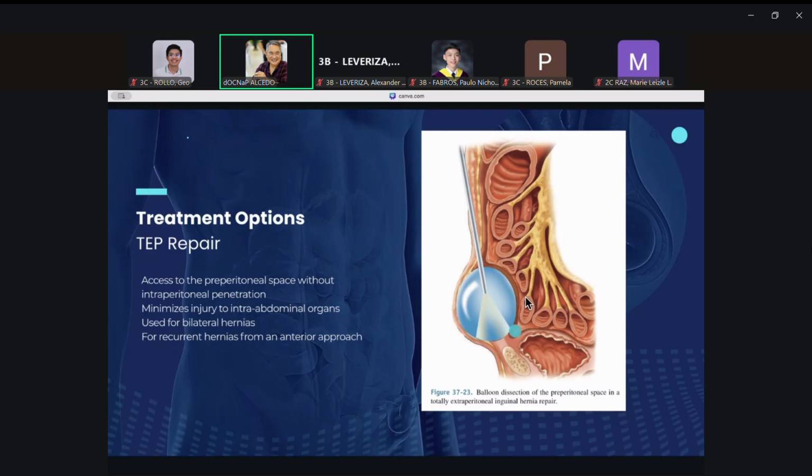So yun lang naman ang difference ng TAPP sa TEP, no? Okay? Sa TEP medyo more challenging kasi magda-dissect ka pa, magki-create ka pa ng space. Sa TAPP, once you enter here, you just open the visceral peritoneum here and then ito lang yung i-dissect. Okay? Again, nice to know.